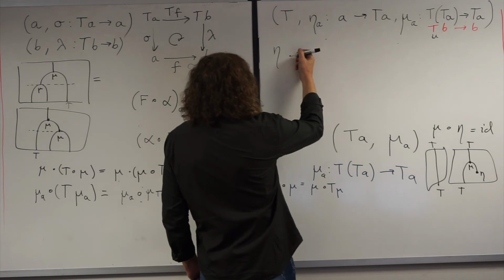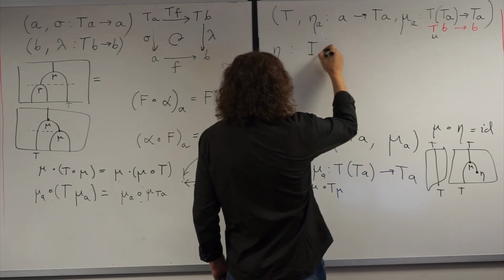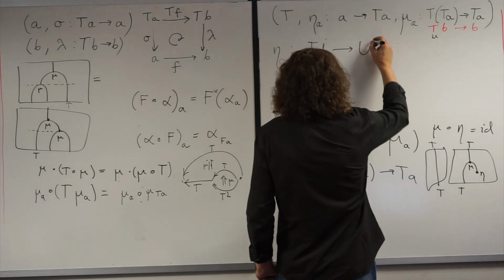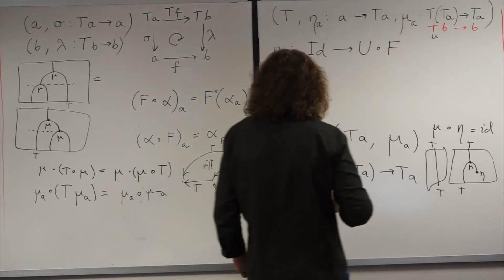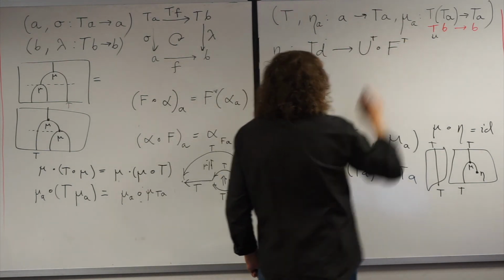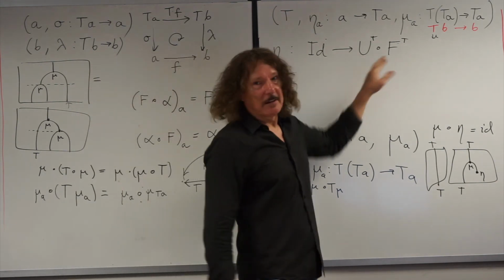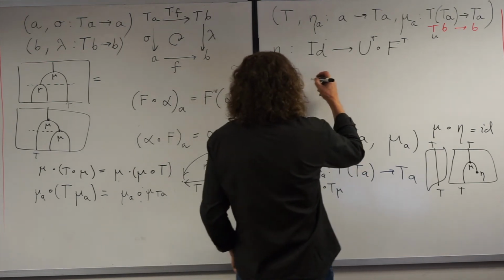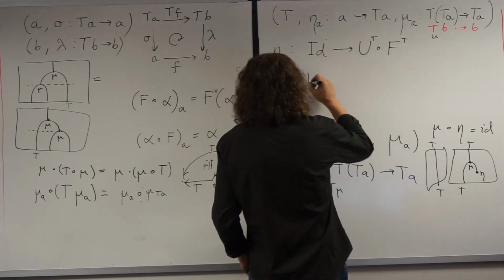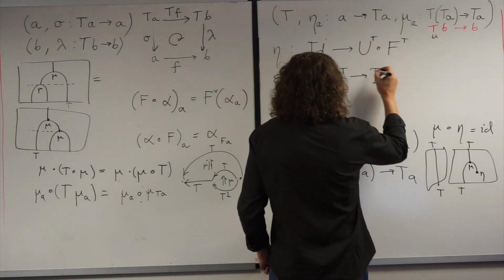The unit of an adjunction is supposed to be something that goes from the identity functor to the functor U after F. In our case, U_T F_T, so U is right after left. And the co-unit was going in the opposite direction, F_T after U_T going to identity.